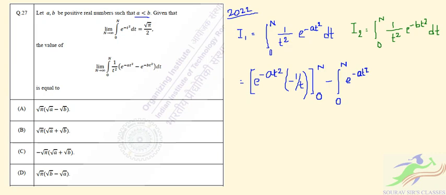If we do the derivative, it will be minus 2at, and the integral of 1 by t square will be minus 1 by t dt, right? So we can rewrite this equation in this way: e to the power minus a t square by t, from 0 to n.